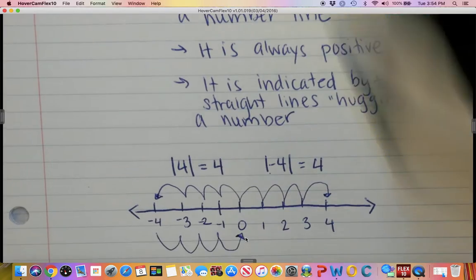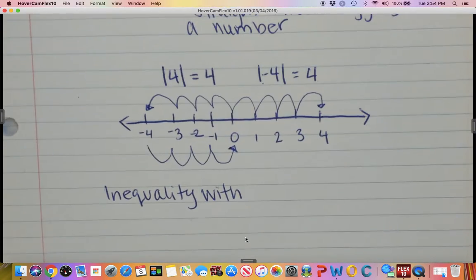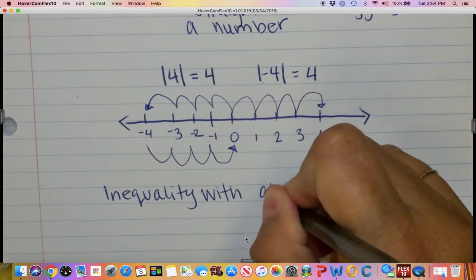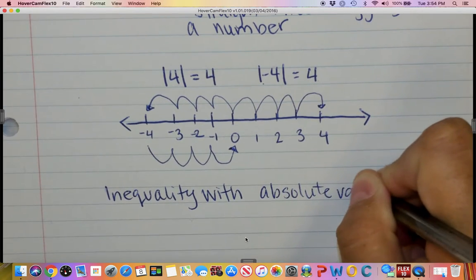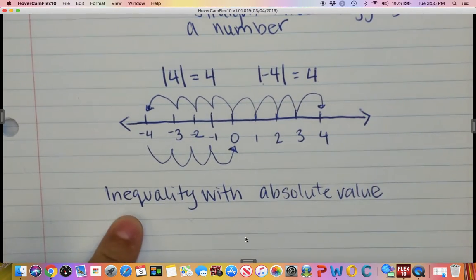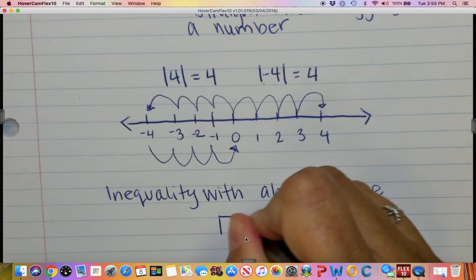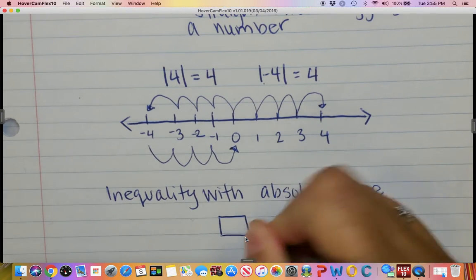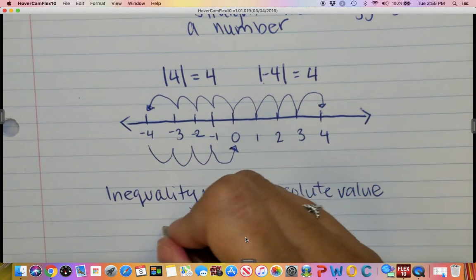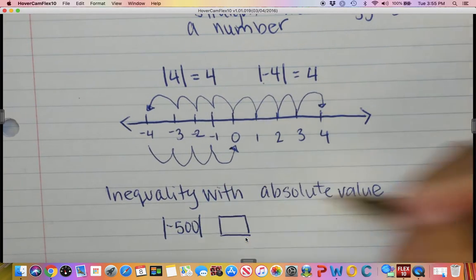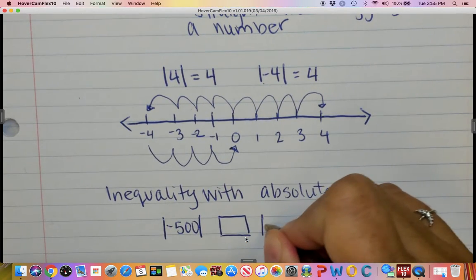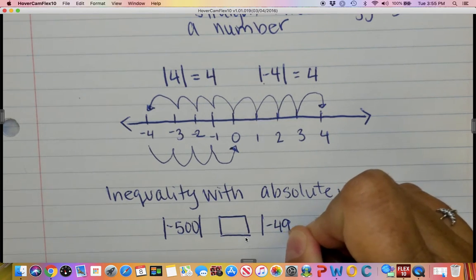Now I'm going to show you an example of an inequality with absolute value. Inequality is one of those words that you need to start being familiar with. We did it in our last chapter. And inequality, again, is a greater than, less than, or equals to sign. And I'm going to put negative 500 and negative 495.